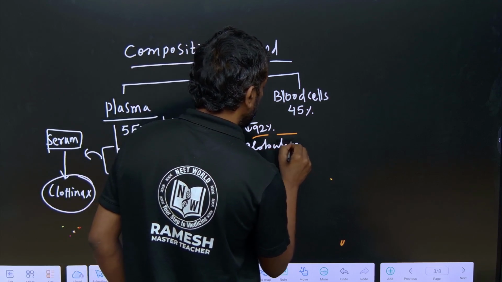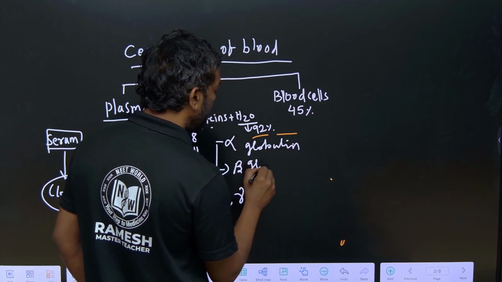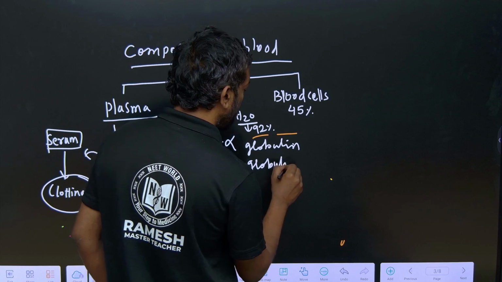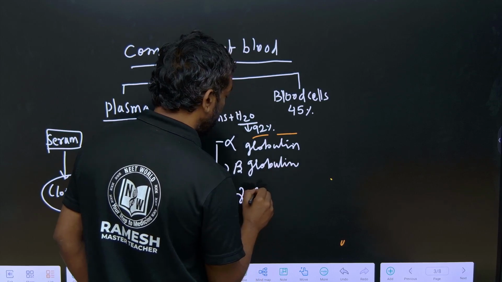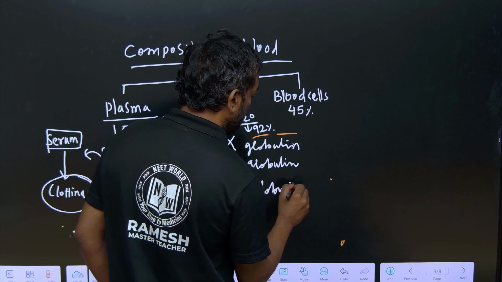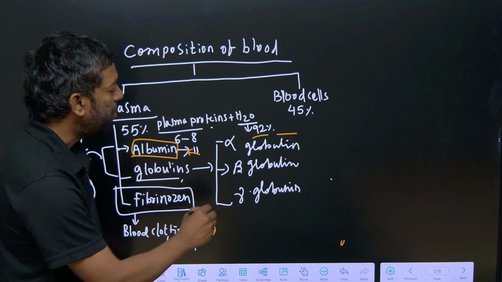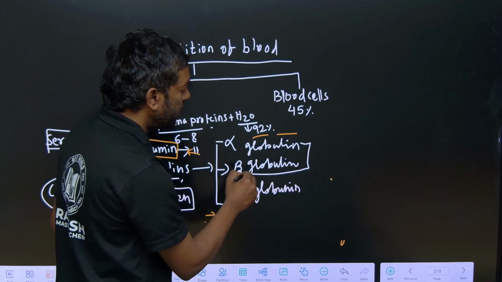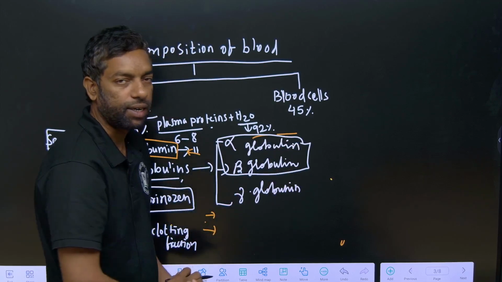For alpha and beta globulin, there is no function mentioned in the NCERT.